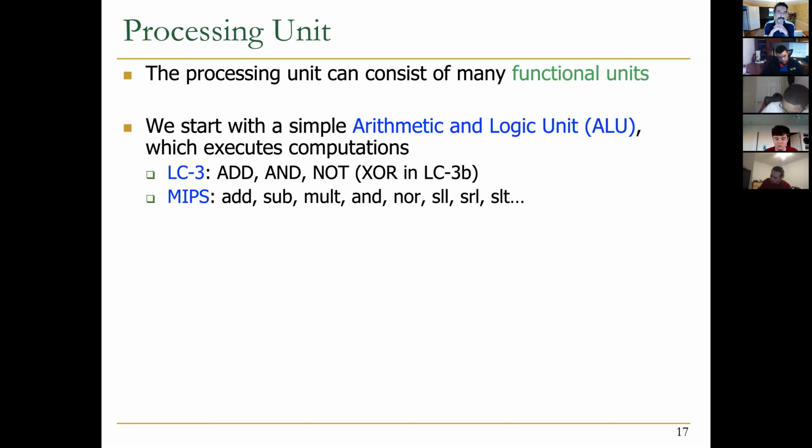So you have add, subtract, multiplication, NOR, shift left logical, shift right logical, and so on. We'll discuss the details, but for now you don't need to know about this. Essentially these are the instructions that are implemented in the ALU for each particular computer.